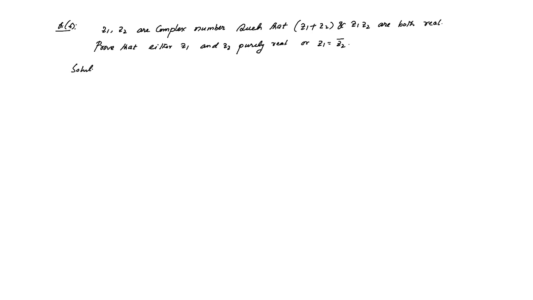So for the solution of this question, first try to think about what the given part is. Z1, Z2 both are complex numbers, belonging to C, such that Z1 plus Z2 belongs to real numbers, and the product of these two complex numbers is also a real number. This is given.